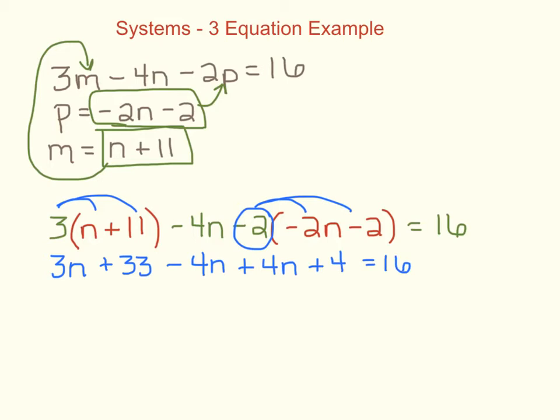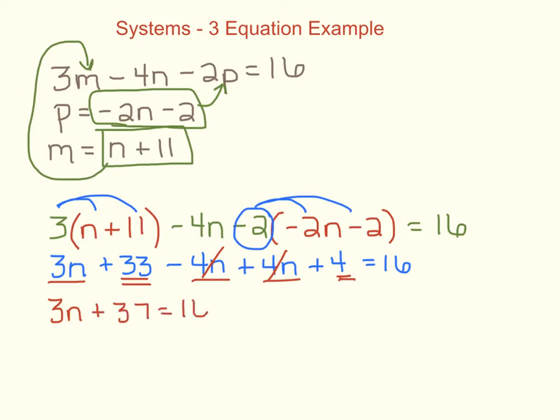Now let's combine our like terms. So I'm going to combine 3n, negative 4n, and positive 4n. Well, actually, negative 4n and positive 4n just cancel each other out, so that leaves me with 3n. And then I can combine 33 and 4 and get 37.